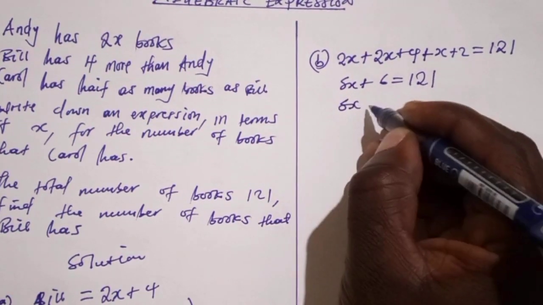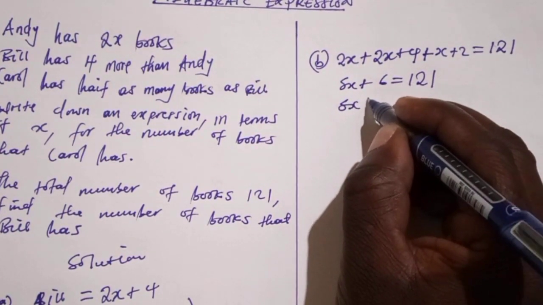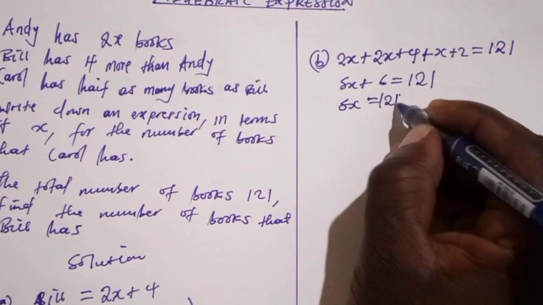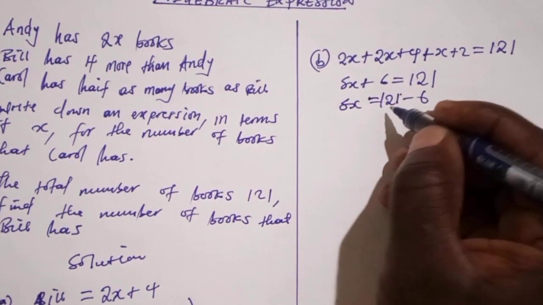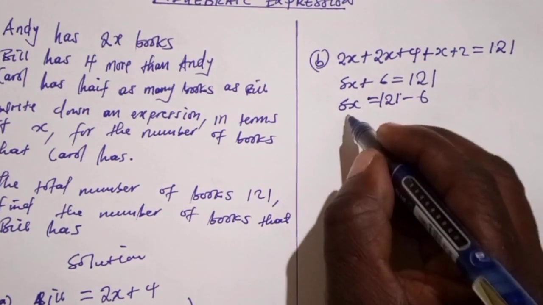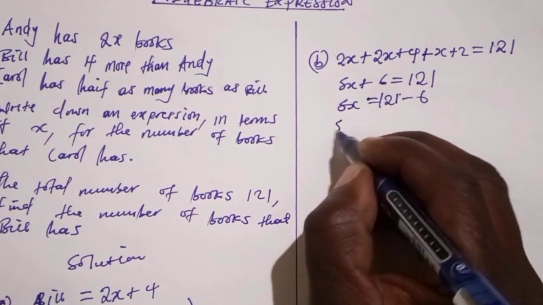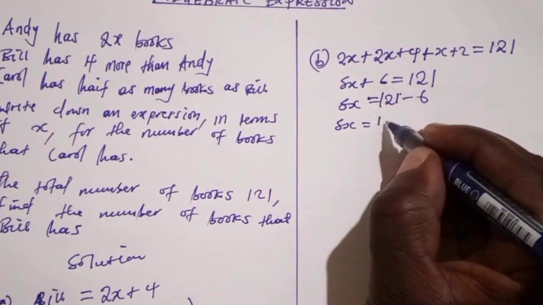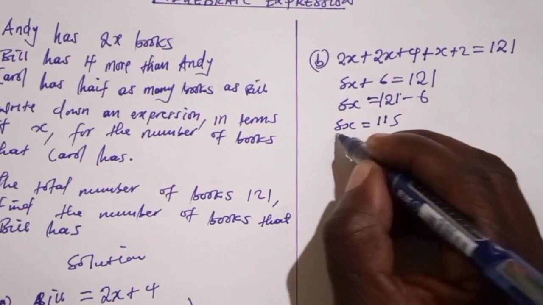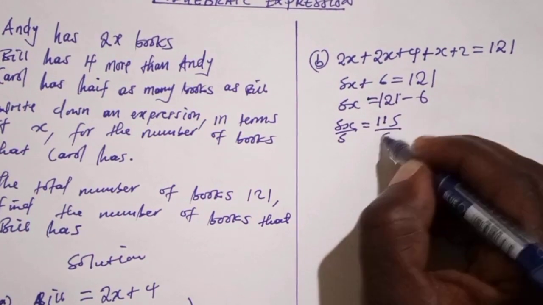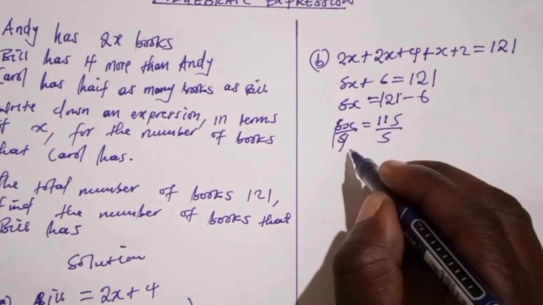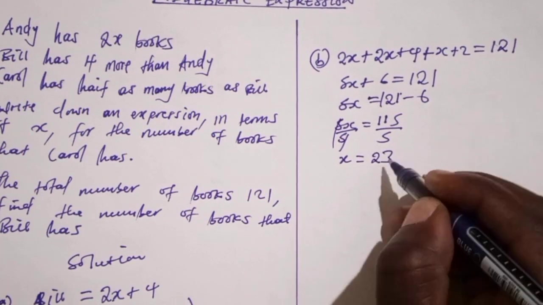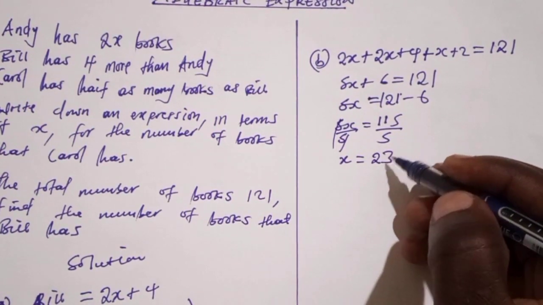So 5x equals 121 minus 6, which is 115. Then we divide throughout by 5, and we are going to have x equals 23. So this is the value of x.